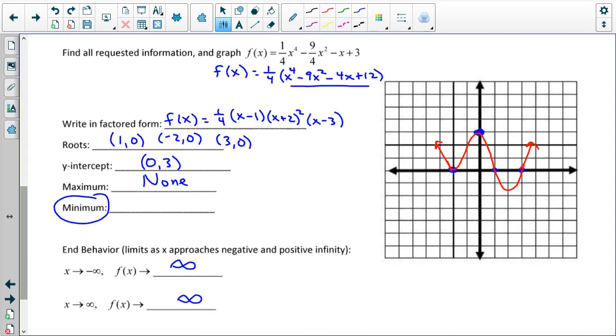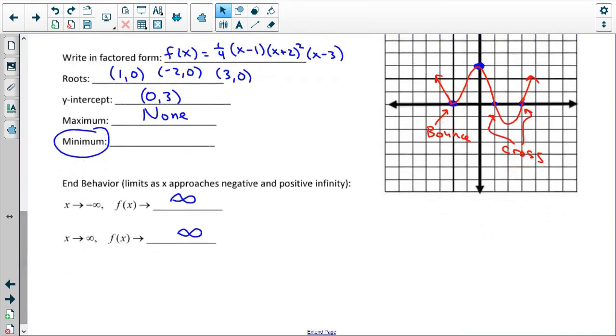I have the single roots at 1 and 3, so it bounces at -2, and it crosses at 1 and 3. Then notice if I recognize something that I already know, I don't really need to do all of the synthetic division and everything else anymore.